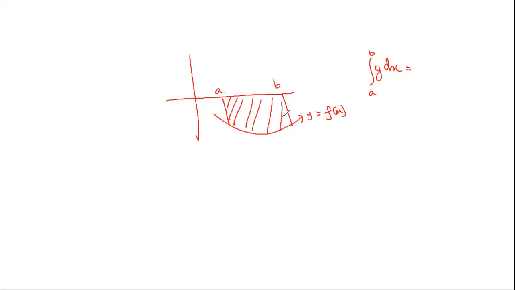Look at this. Because it lies in the fourth quadrant, y will be negative. Y coordinates are negative. So will your integral come positive or negative? Negative. But area cannot be negative. So in such a case, we'll have to take the modulus.